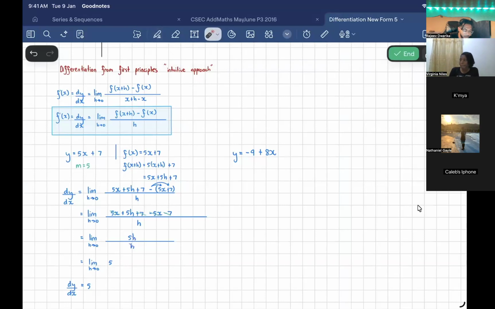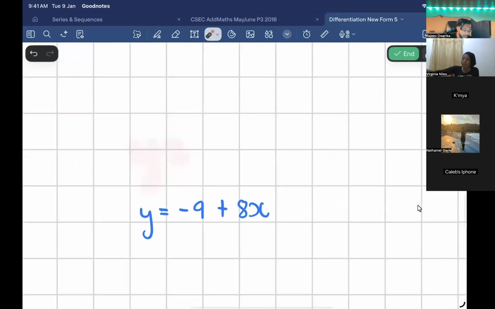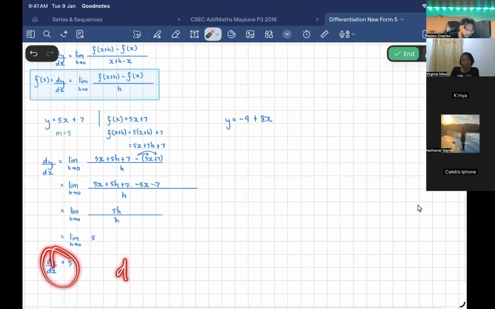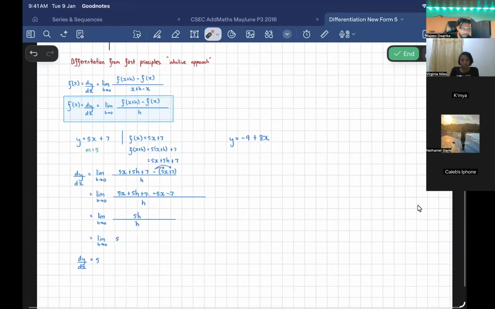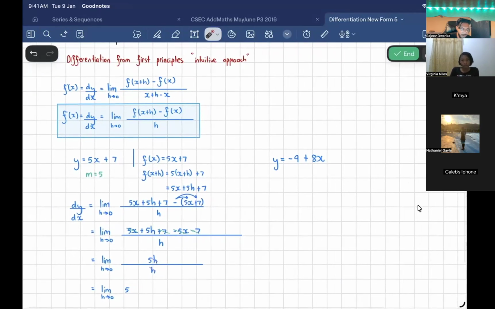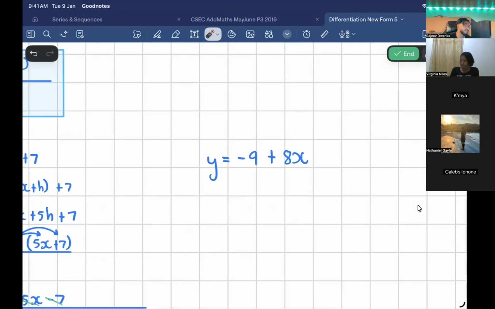Because if you put it in the form y equals mx plus c, which it is not in, like watch, if you put it in the form y equals 8x minus 9, when you work it out you're supposed to get dy/dx equal to 8.